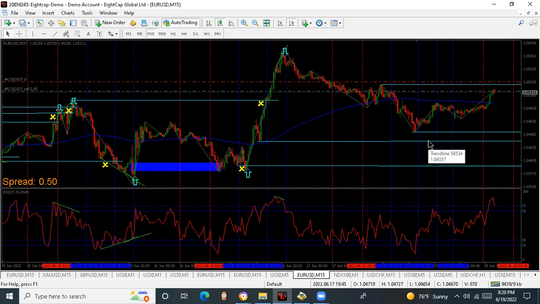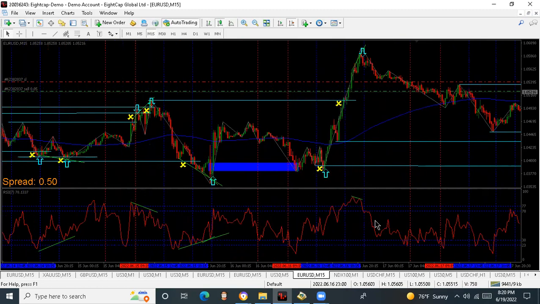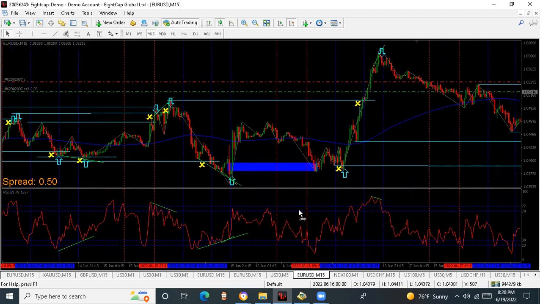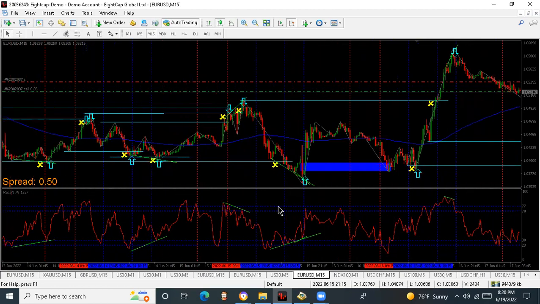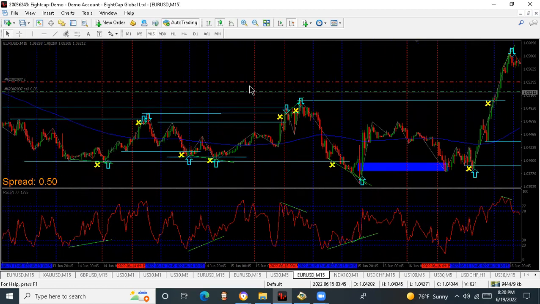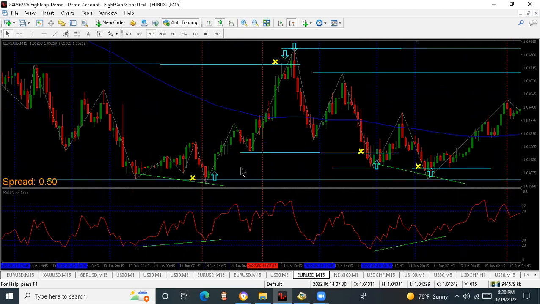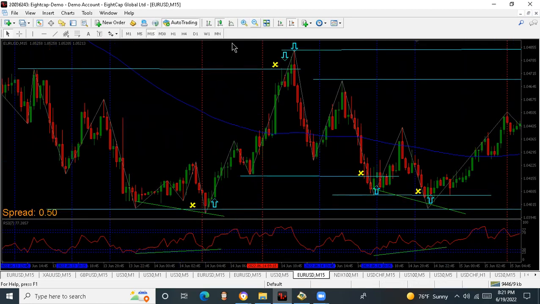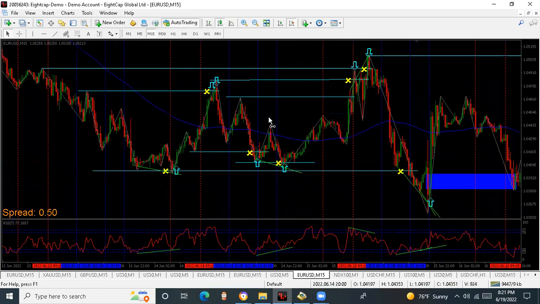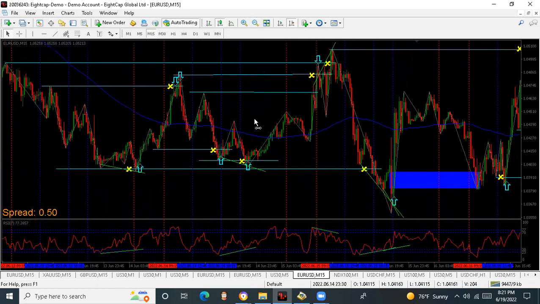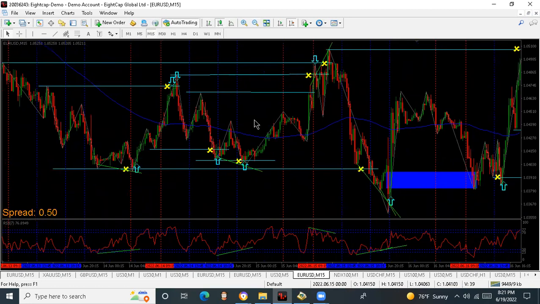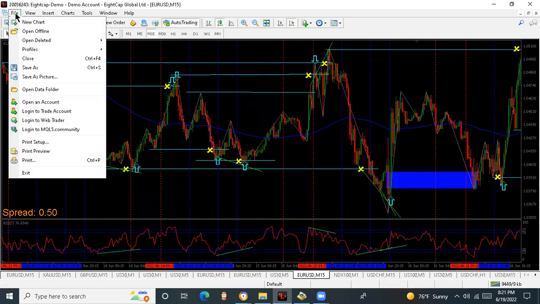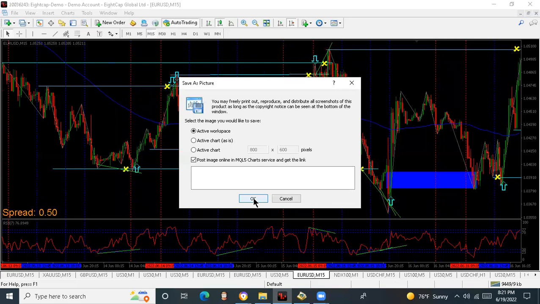Current market. Screenshot this, save as picture, active chart.